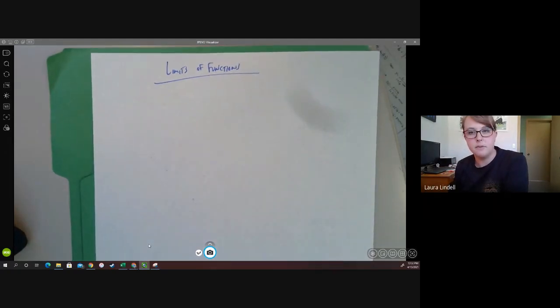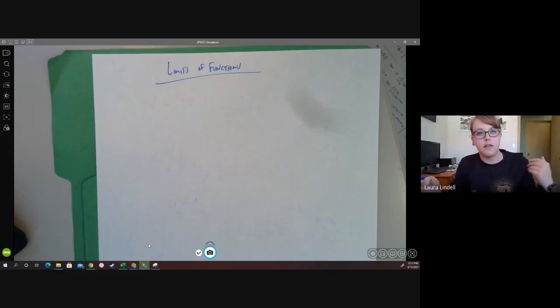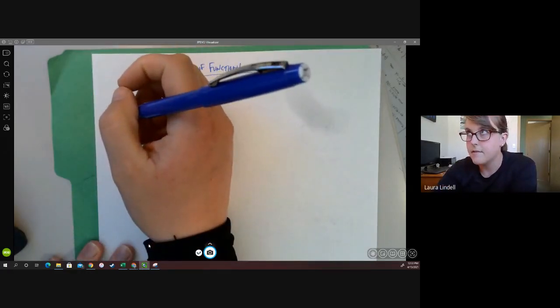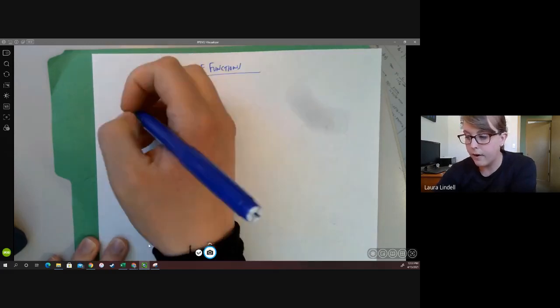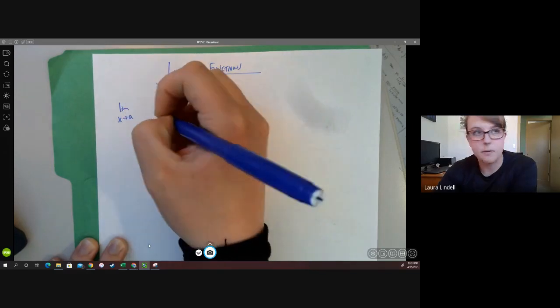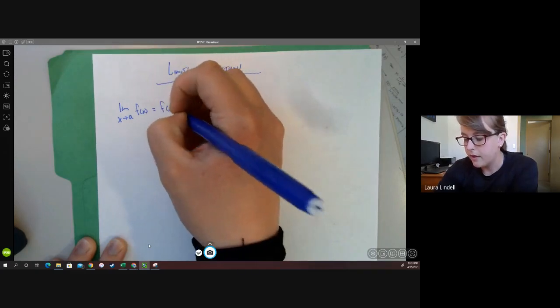Okay, limits of functions. Earlier in the year, we saw things like the limit as x goes to infinity of a function, and even that is a little more complex than what we're working with today. Today we're going to see cases where the limit as x approaches some value a of a function f of x is equal to f of a.